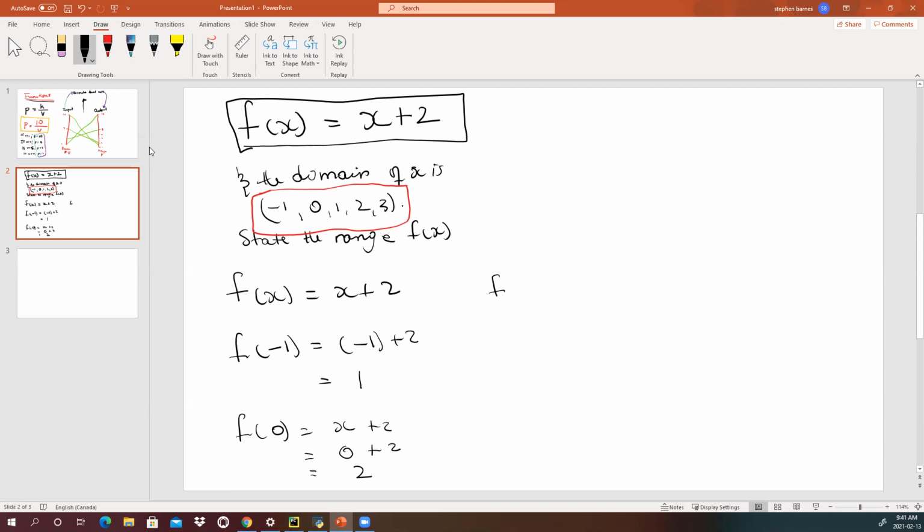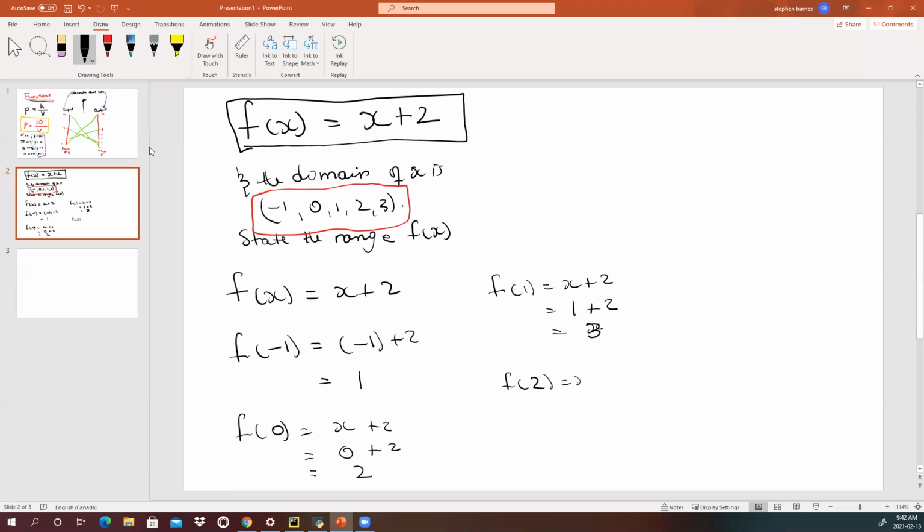f of, and I'm getting these values from this domain here, because the question stated what the domain values are. So I've done -1 already. I've done 0. Let's do 1 now. So f of 1 is equal to 3. Next one I'm going to do is 2.